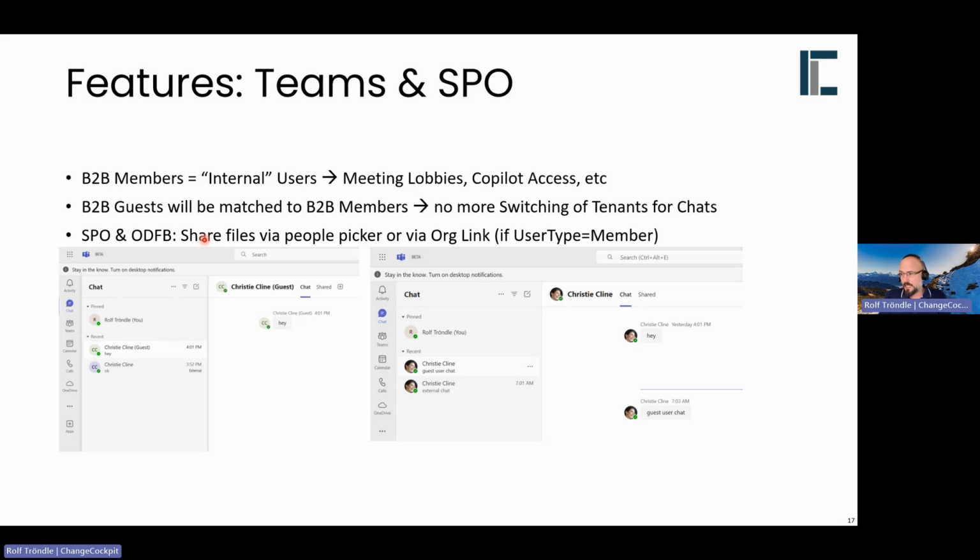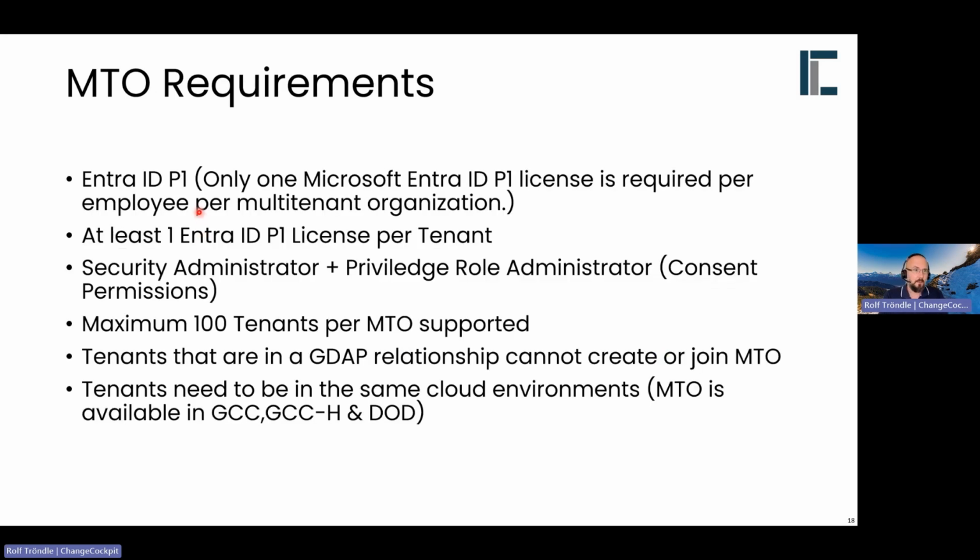For multi-tenant organization, we also have some requirements. First of all, we need Entra ID P1 at least per user, but only one Entra ID P1 license is required per employee in a multi-tenant org, so you don't need to license this user in both tenants, wouldn't make any sense, but you need at least one Entra ID P1 license per tenant.